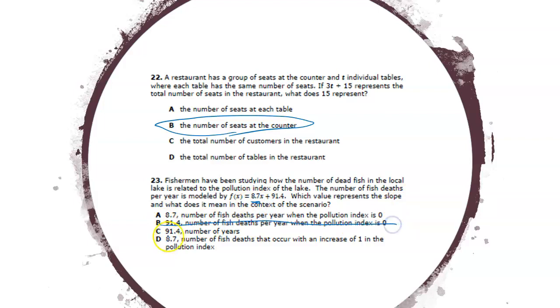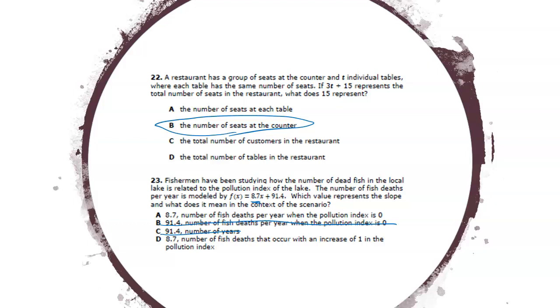That takes out B and C. Remember that your slope is the part that's changing. Okay, so 8.7 number of fish deaths per year when the pollution index is 0, or D, 8.7 number of fish deaths that occur with an increase of 1 in the pollution index.